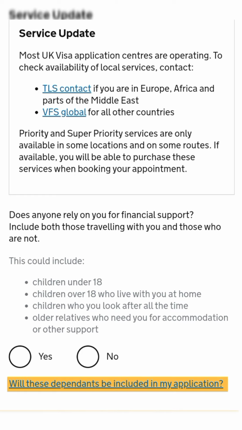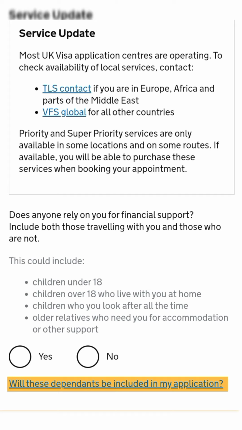And some people will ask, can I put my spouse or my partner here? I don't think it's necessary. Some people go ahead and put it because maybe the partner depends on them for financial support. But I think that if you've declared your spouse under the spouse field, you don't have to put them here, because it states here to put your children or people who you look after all the time.